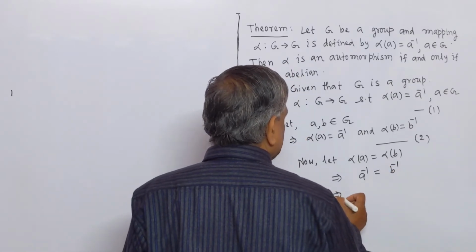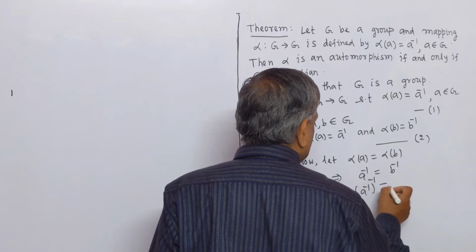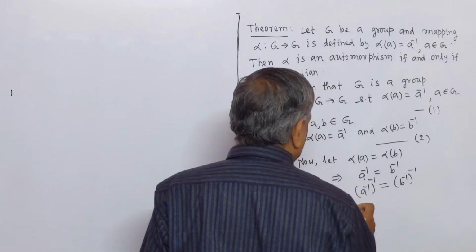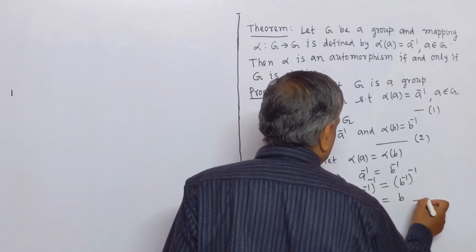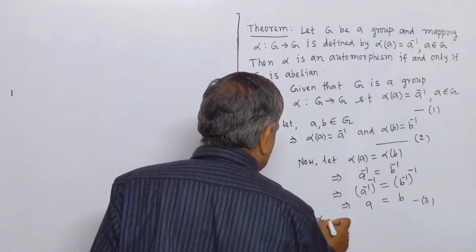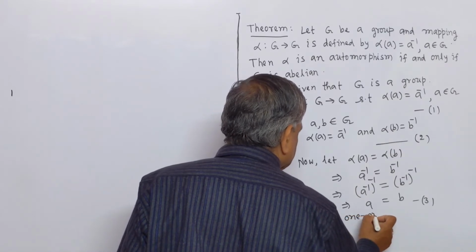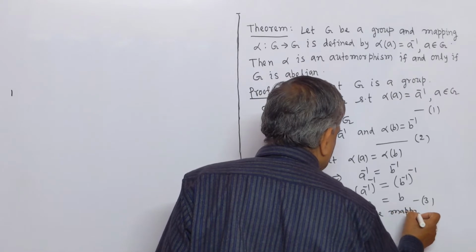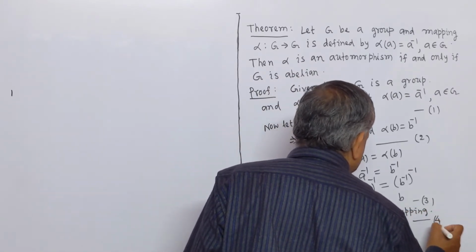Taking inverse on both sides, A inverse whole inverse equal to B inverse whole inverse implies that A equal to B. This is number 3. Therefore, alpha is a 1-1 mapping. This is number 4.